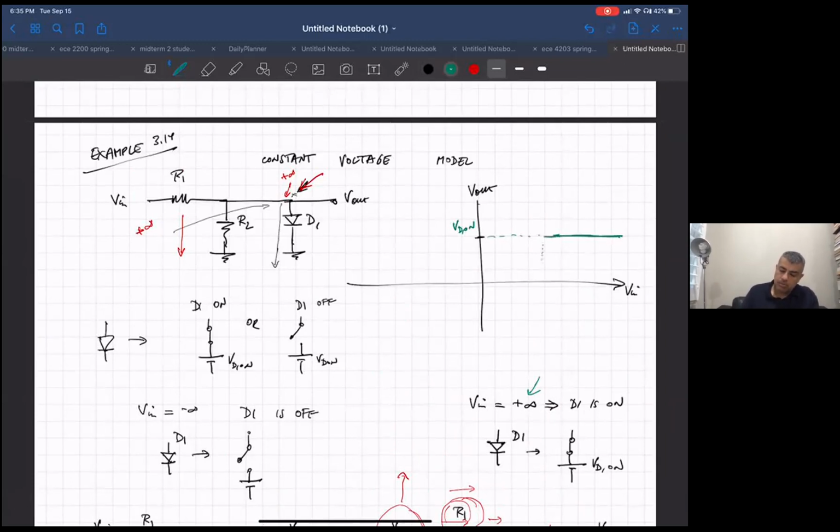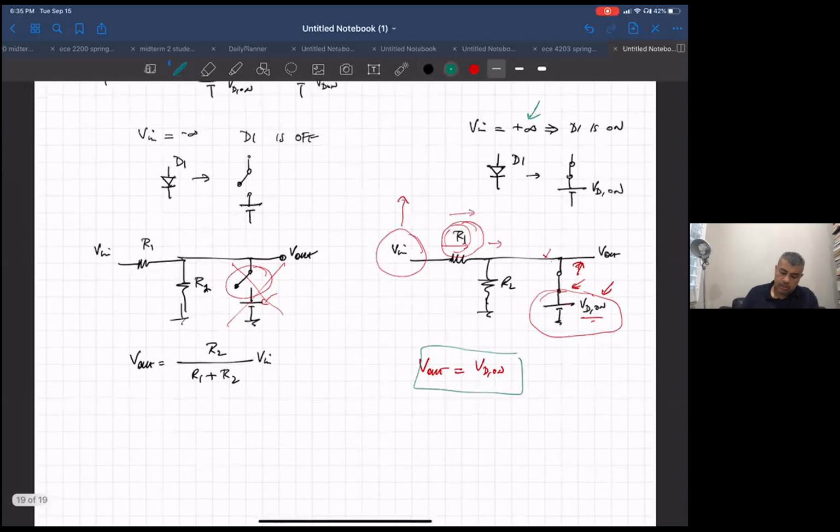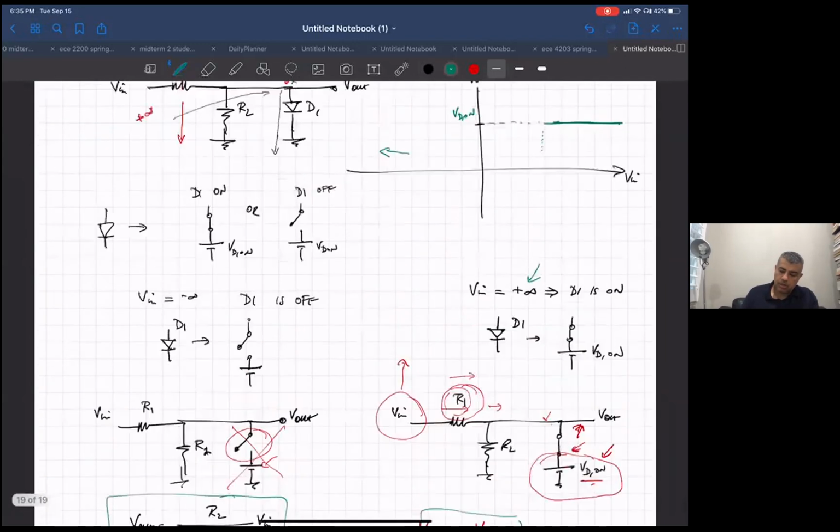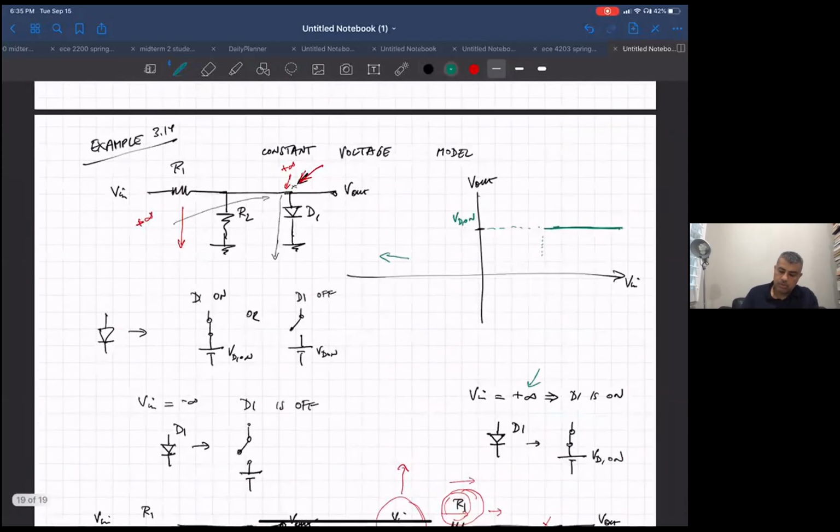Now, when we're out here, we know we've got the slope over here. But the question is, at what value of Vn do we get the break between one operating mode and the other?